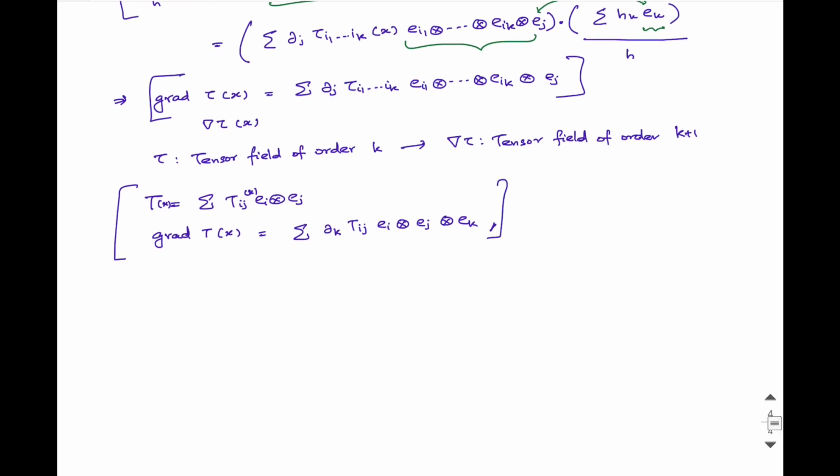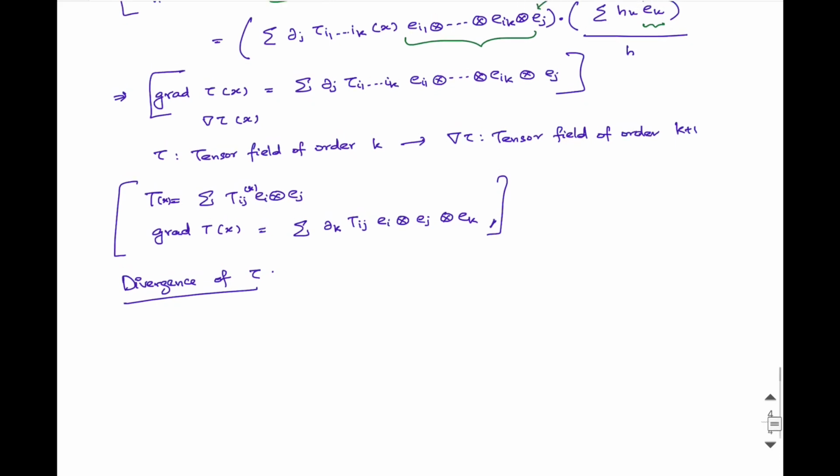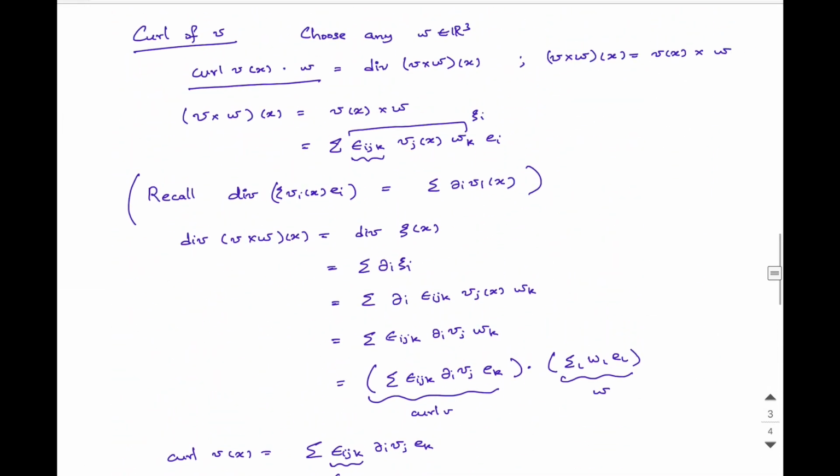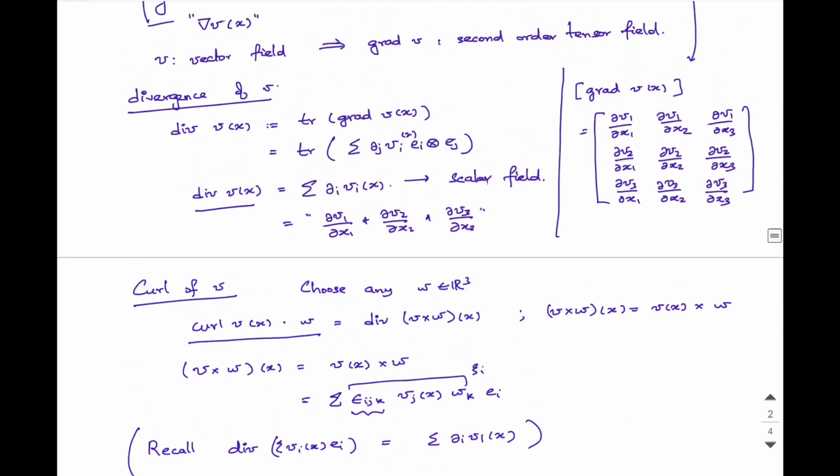Now let's consider the divergence of tau. Earlier, when we studied vector fields, we defined the divergence as just the trace of the gradient.